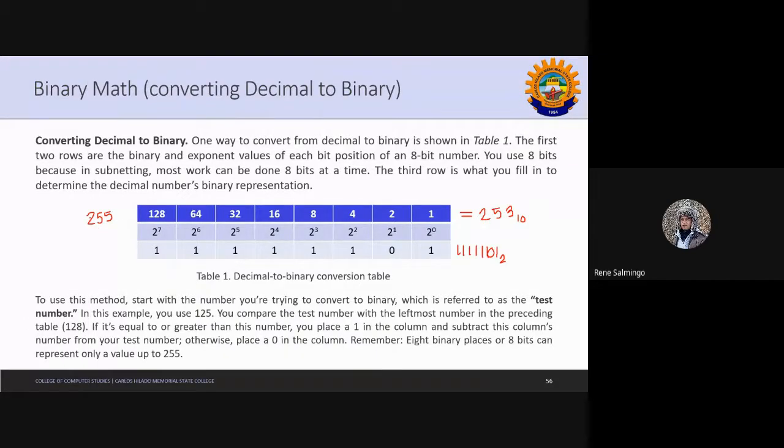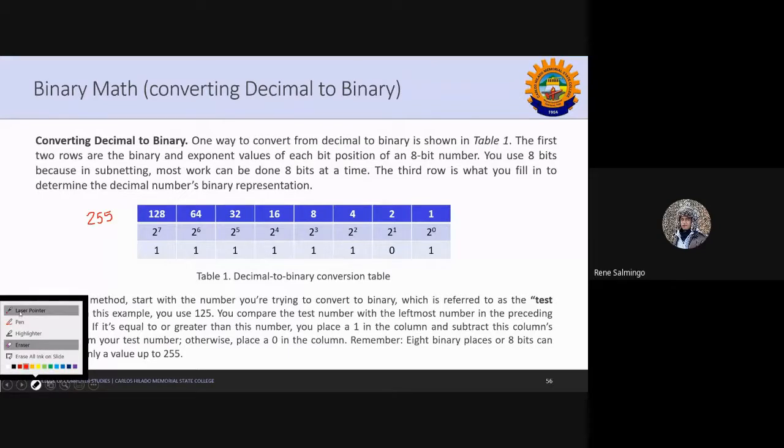So for example, this is 255, and we need to find the binary of 255. What is the value of 255?